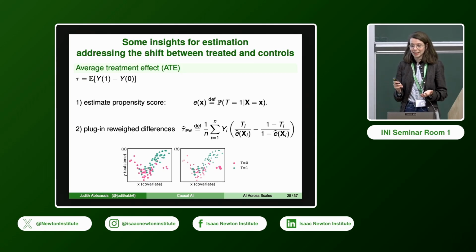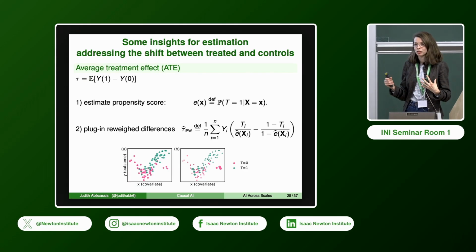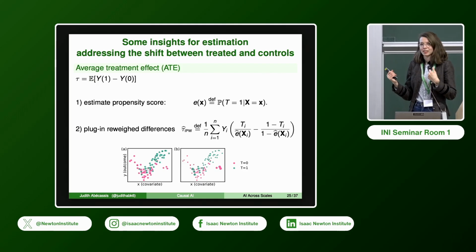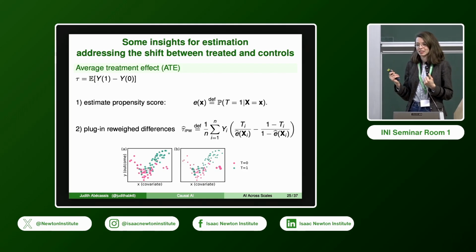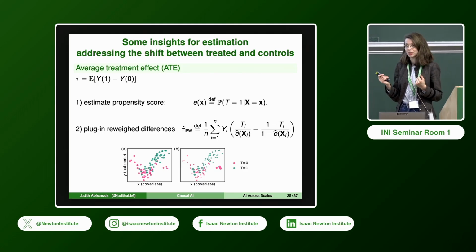They are usually sicker. The ones that get vaccinated are older and so on. So you actually want to compensate for this covariate distribution shift to make the groups comparable and try to go back to the randomized situation.